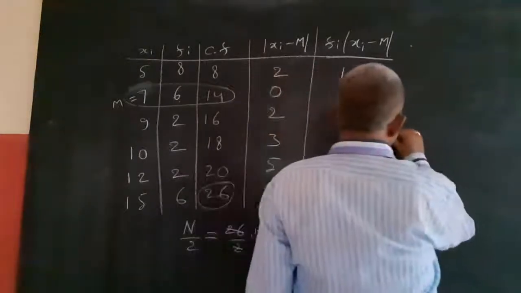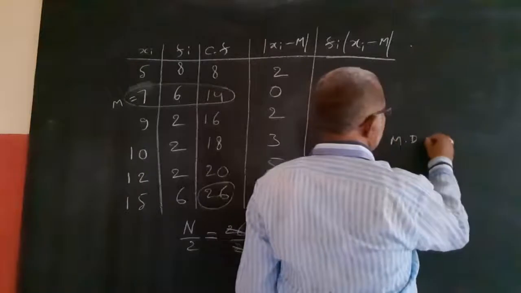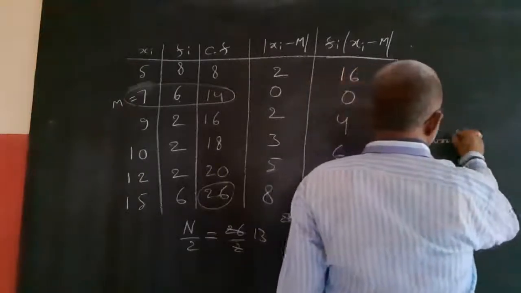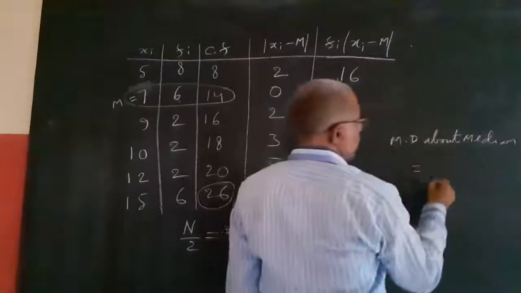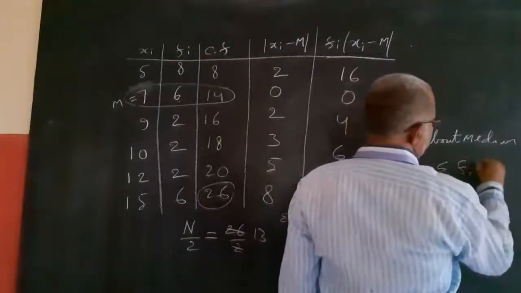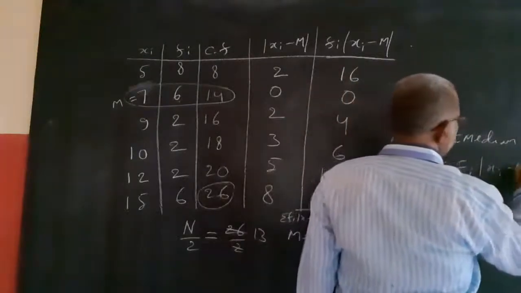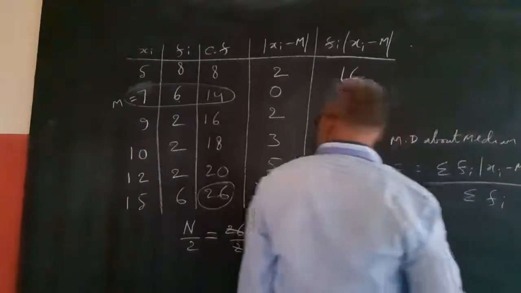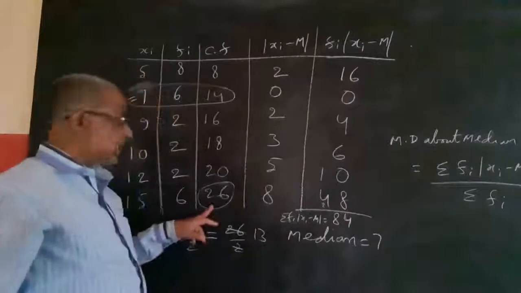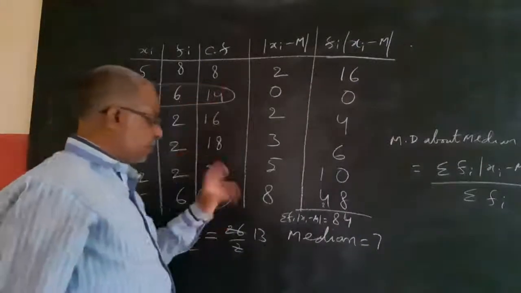So now mean deviation about median equals sigma Fi into modulus of xi minus m by sigma Fi. Sigma Fi I already calculated, that is 26, because this is the cumulative frequency total.